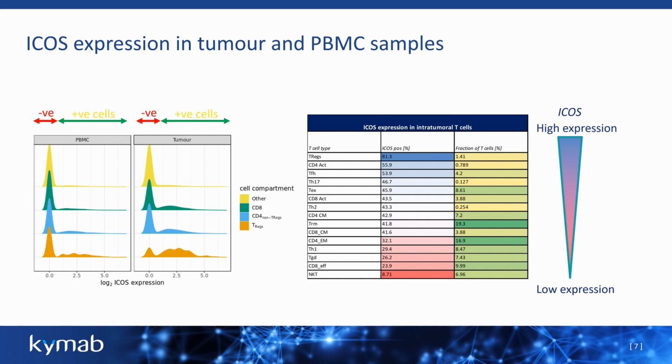And what you can see is that cells that don't express ICOS have a large peak that's negative, both in the tumors and in the periphery. But what we can clearly see here is that ICOS expression is highest in Tregs, specifically in the tumor microenvironment. It's a lot lower in Tregs in the periphery.